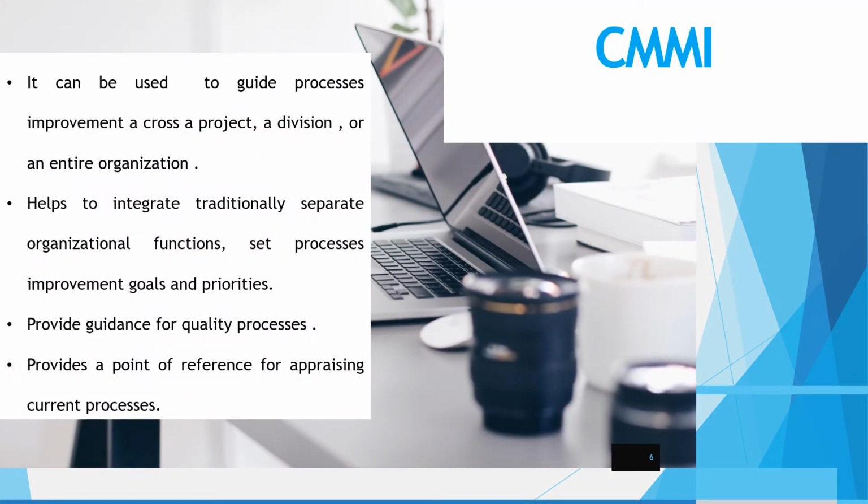Other definitions: it can be used to guide process improvement across a project, helps to integrate traditionally separate organizational functions, set process improvement goals and priorities, provide guidelines for quality processes, and provide a point of reference for appraising current processes.